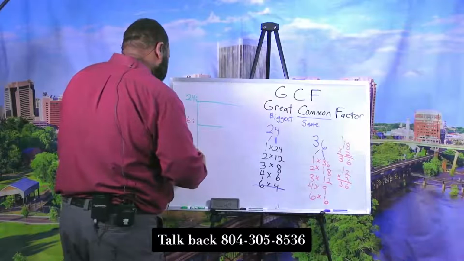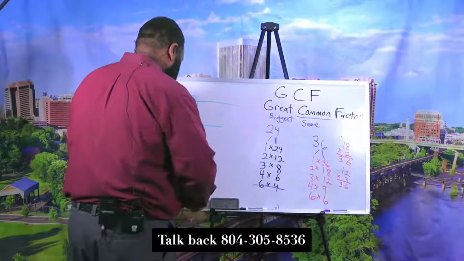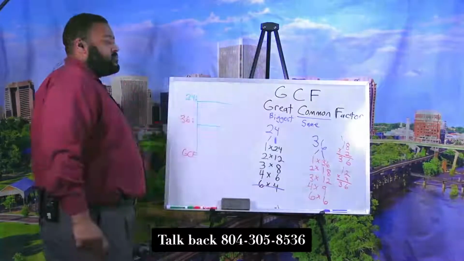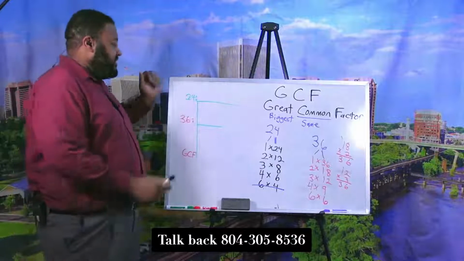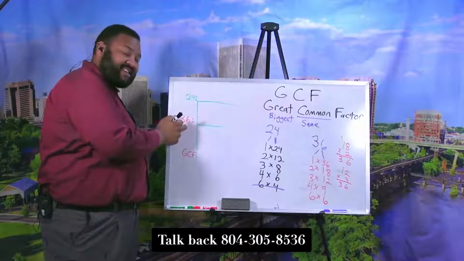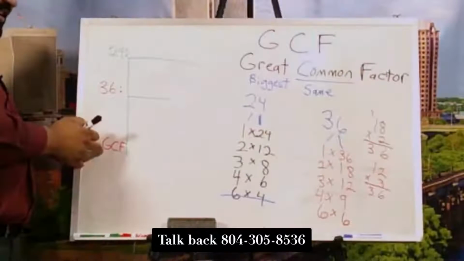And down here at the bottom, we're going to put the G, the C, and the F. I started with my 24 on the top line of the F. The second line of the F, we put a 36. And at the bottom, the GCF, we're going to find here.